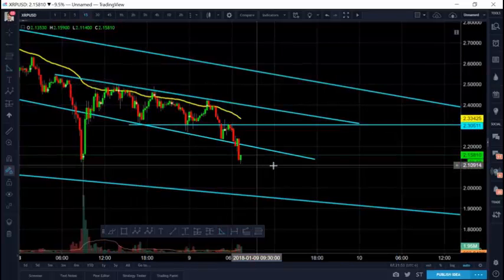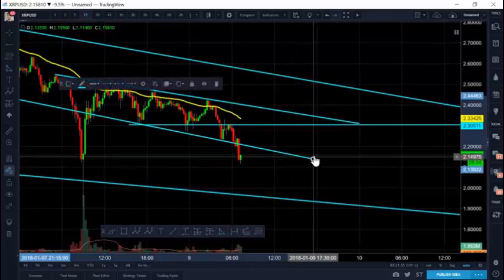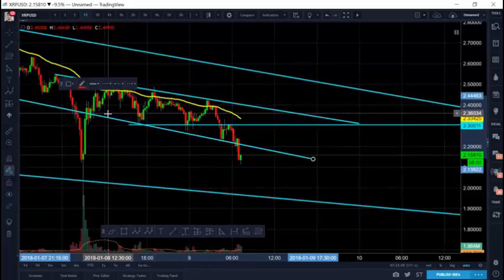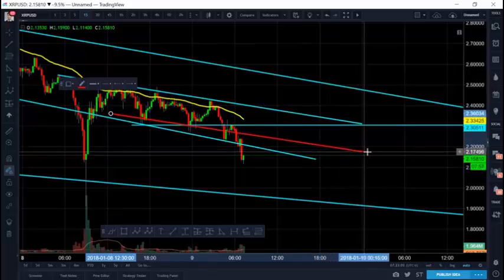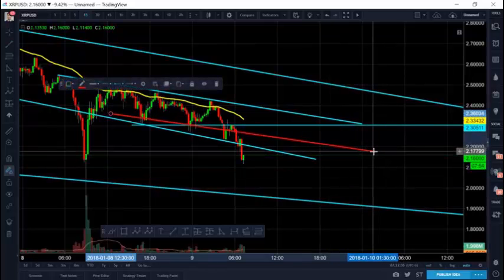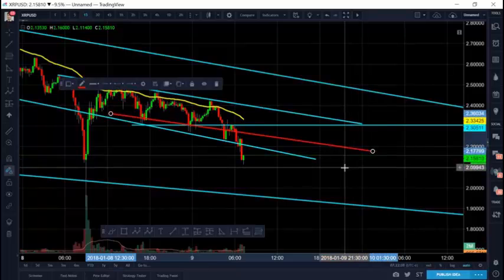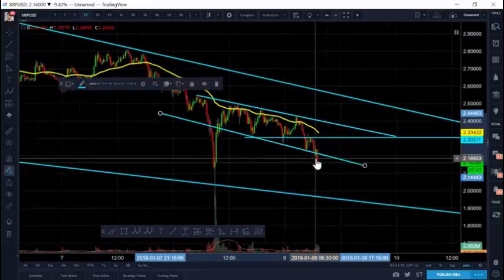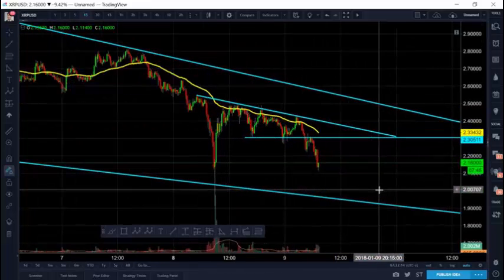Said no, not today. And then because that one broke, you could have assumed that a channel could have formed or something like that. But that just broke right through it too. It didn't care. So yeah, Ripple's on a tear right now to correct.